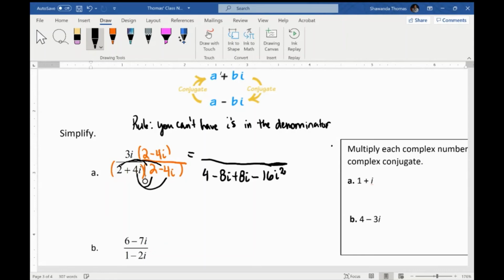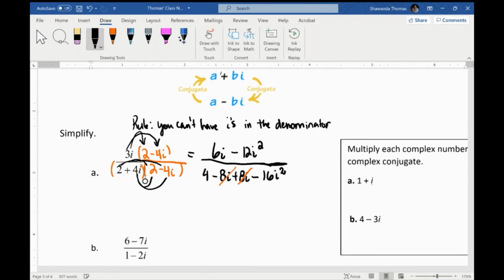Let's go to the numerator now. We'll come back for the denominator. What is 3i times 2? 6i. 3i times negative 4i is negative 12i squared. We obviously got a lot to do because i squareds popped up. And what else can we do in the denominator? You can cancel out the 8i. Yeah, let's get rid of all that.